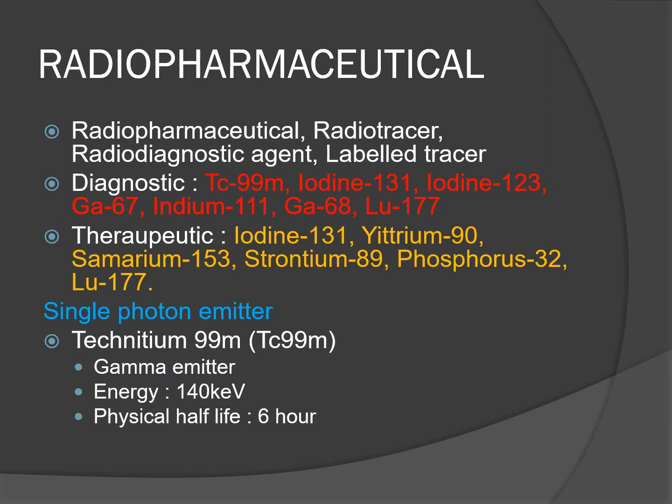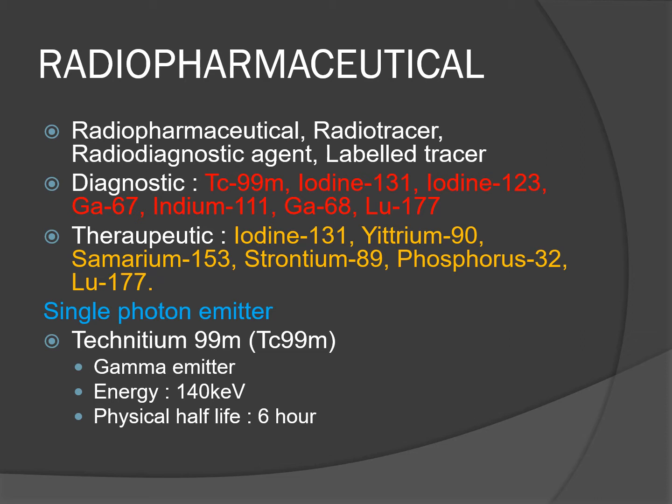Okay, so radiopharmaceutical, sometimes when you read the book or the journal, you can see other names for radiopharmaceutical. Sometimes they say radio tracer, diagnostic agent, label tracer. These all have the same meaning as radiopharmaceutical.